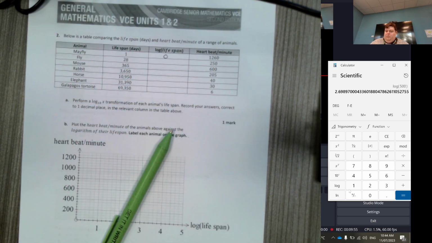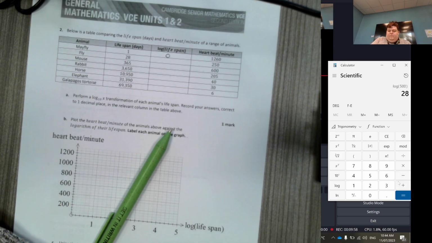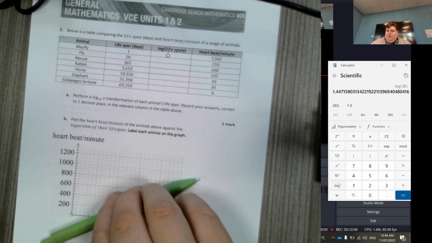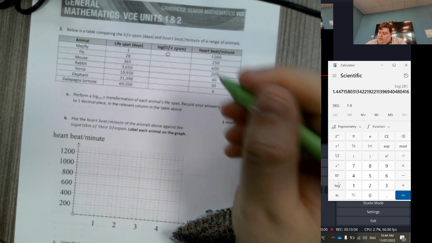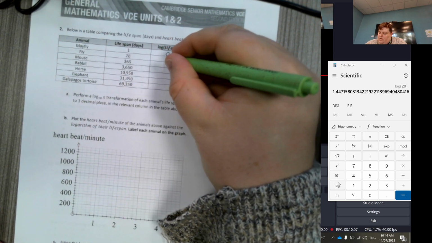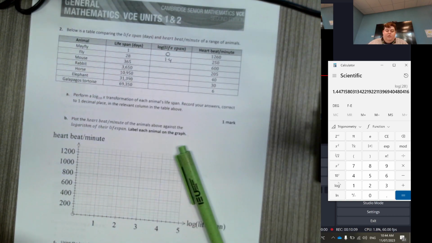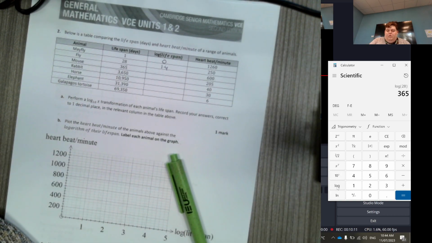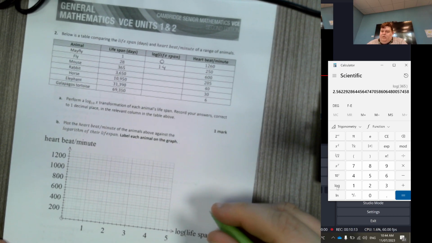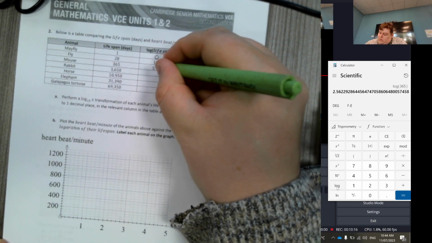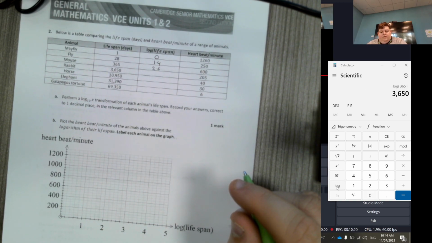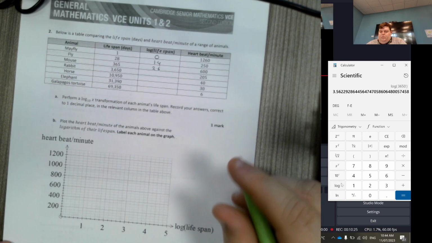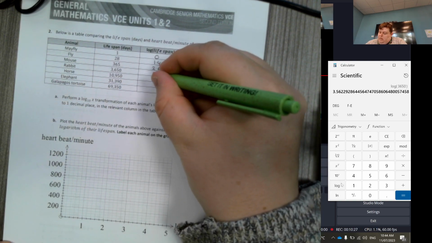Log of 28 days, we have a 1 decimal place, 1.4. Log of 365 is 2.6. Log of 3650, 3.6.